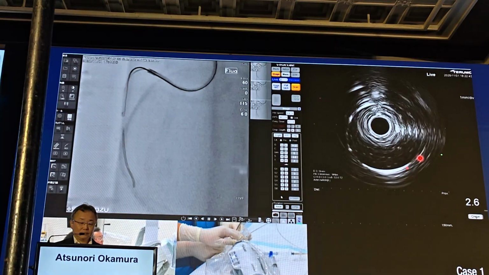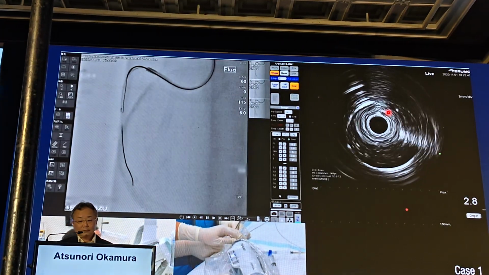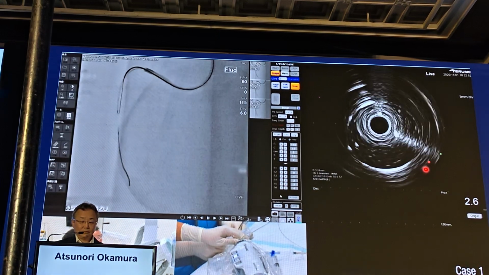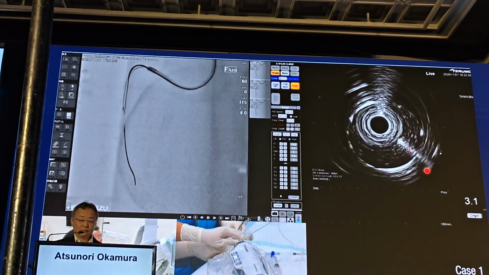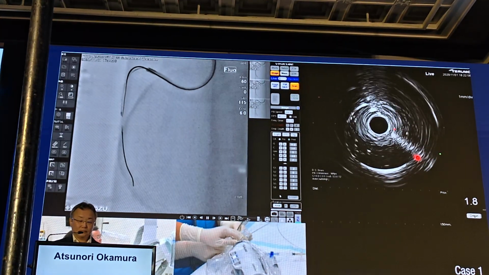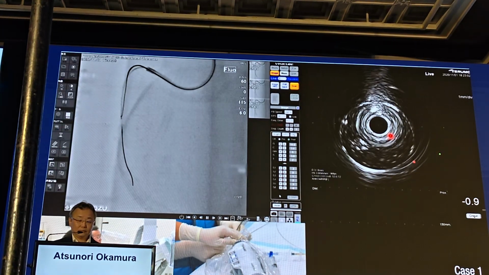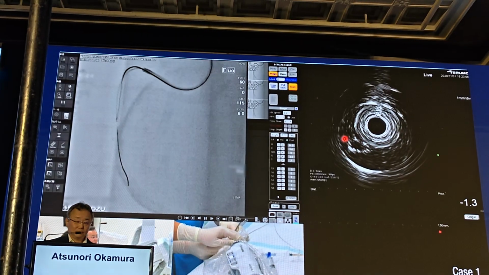Please pull back the guide wire because the guide wire tip is going behind the IVUS. It's okay. Guide wire shaft hits the transducer and the tip is directed downward. The target is here, left side.